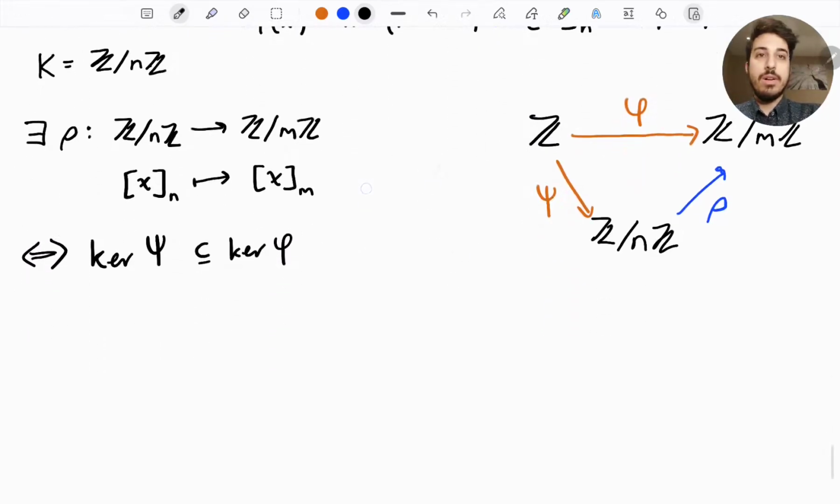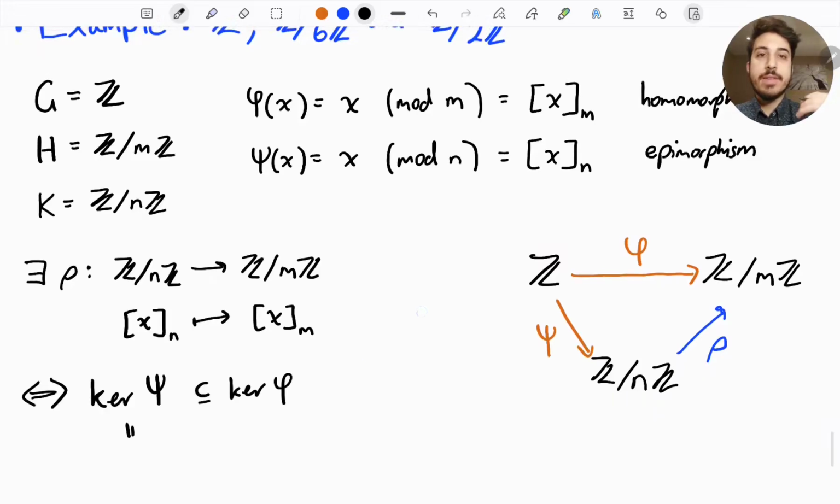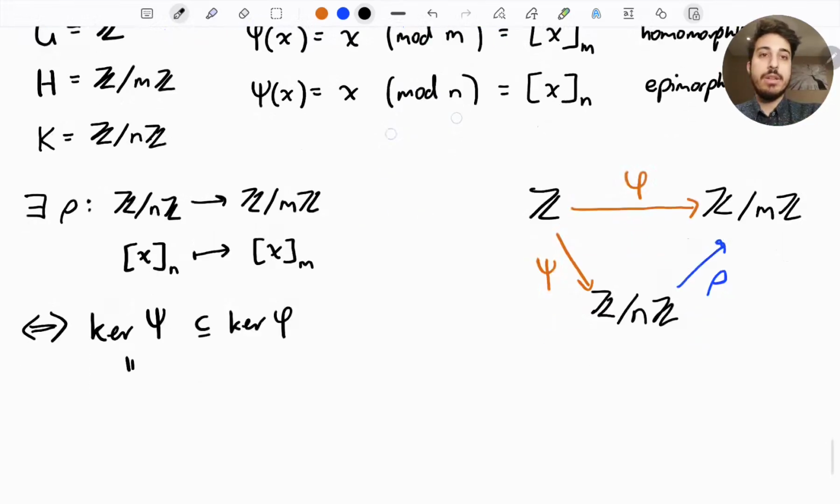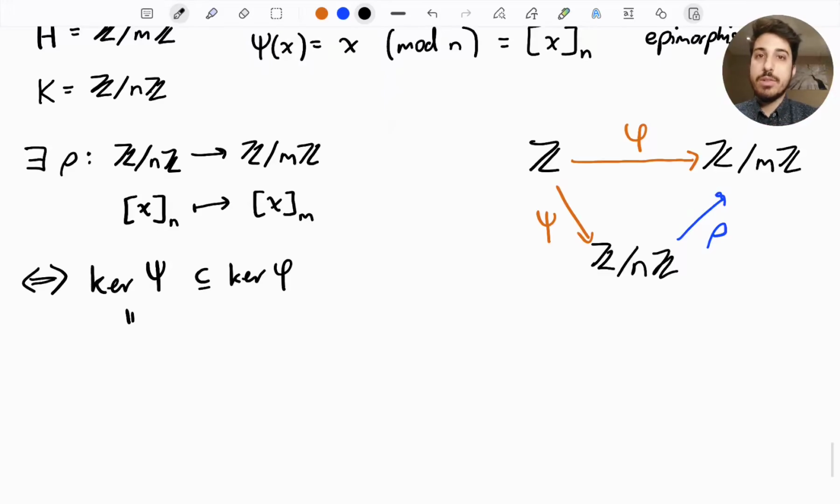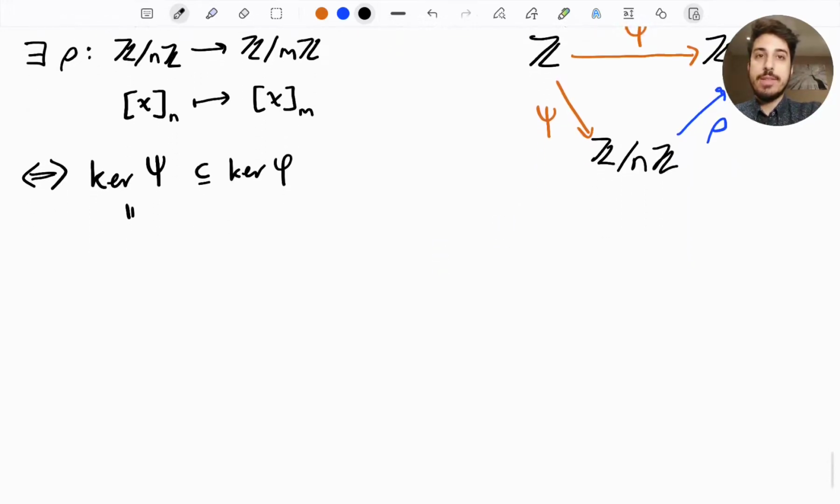What is the kernel of psi? Kernel of psi is all of the integers that give 0 modulo n. What are the integers that give 0 modulo n? Well, these are the integers that when you divide by n, you get a remainder of 0. So essentially this is nZ, all the multiples of n.